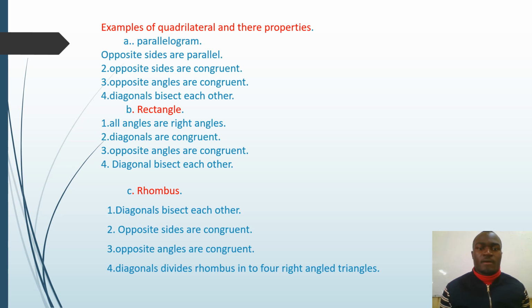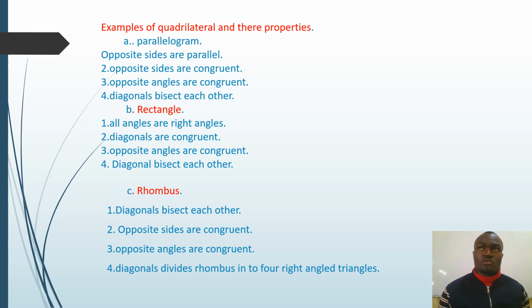The next property is the diagonals are congruent. That means that the diagonals are equal. When you divide a rectangle into 2 triangles, that is from one edge to the other opposite edge, you'll get 2 triangles.